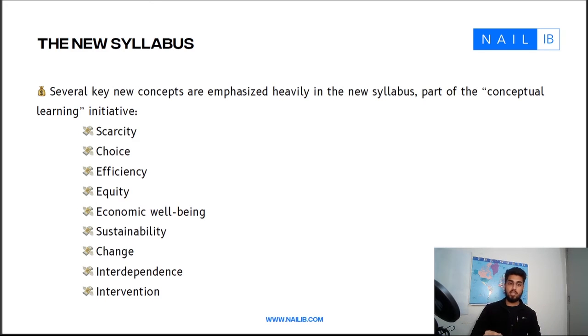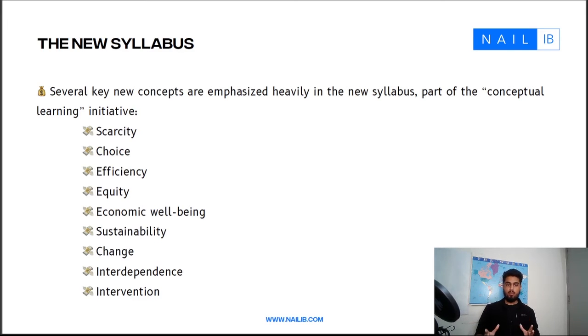What has changed is the emphasis. You will now have to center your answers and understanding around these 9 key concepts, which essentially encompass what IB economics students are expected to learn, all right? So essentially not new, but you will have to integrate them and understand them in great depth, all right?